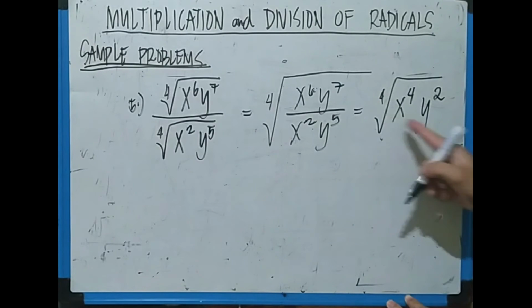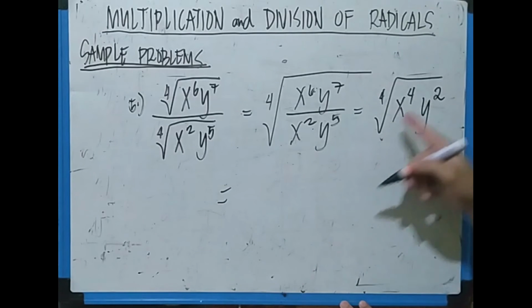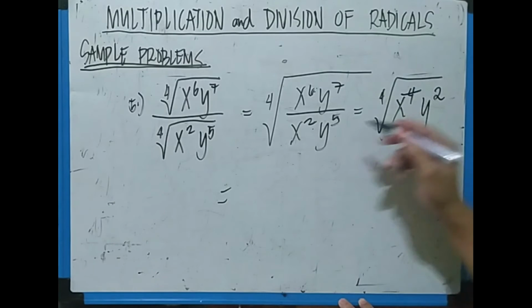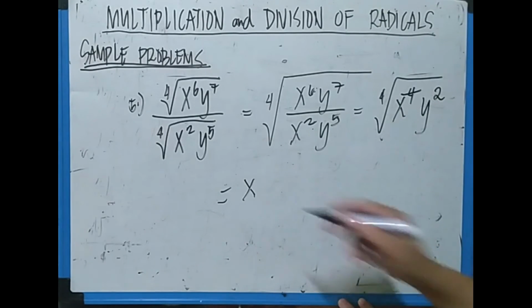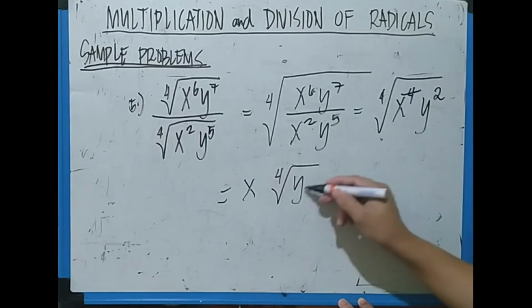Okay, so we can simplify this. Since the index and exponent of x are equal, we cancel them and take x out. What remains inside is the 4th root of y squared.